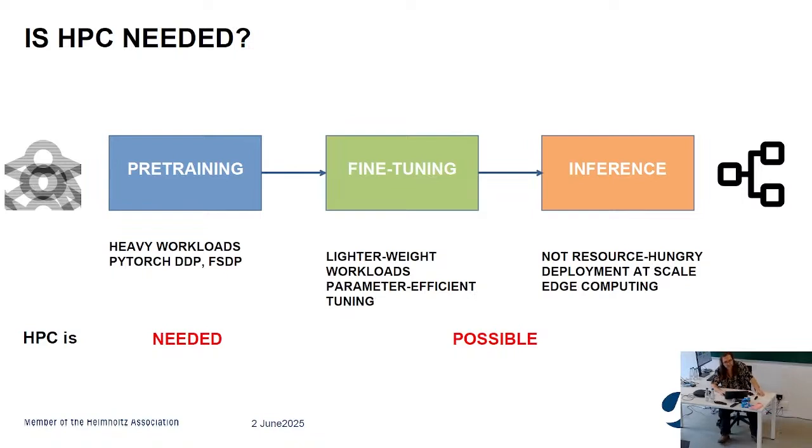Some might be more demanding, some less, but the trend there is to use techniques like parameter-efficient tuning, adapters like LoRA, and then you can make the fine-tuning lighter weight and possibly, hopefully, deploy at inference, where the cost for that operation is usually much lower even than simply fine-tuning. So is HPC needed at inference? Well, it depends.